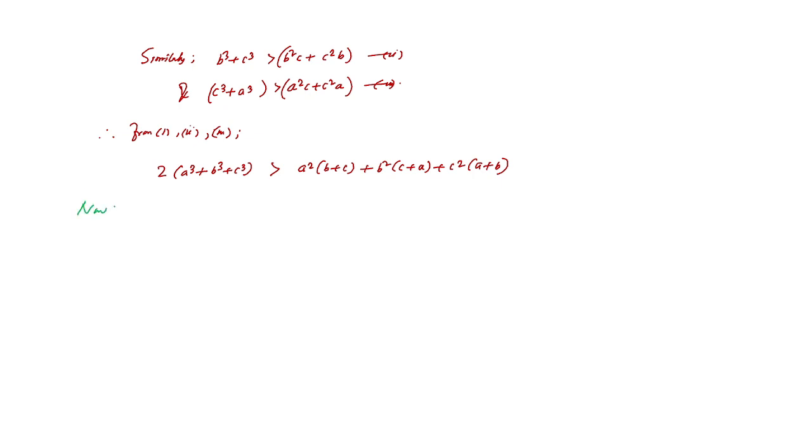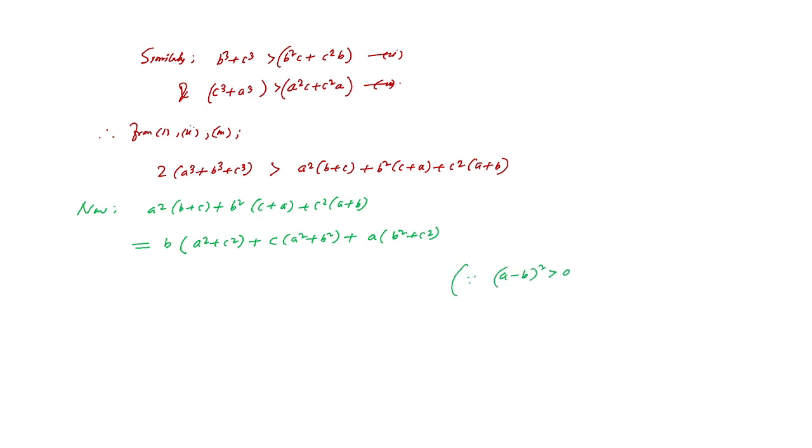Now, a square into b plus c plus b square into c plus a plus c square into a plus b, we can write as b into a square plus c square plus c into a square plus b square plus a into b square plus c square. We know a minus b whole square is greater than 0 as a, b are not equal.